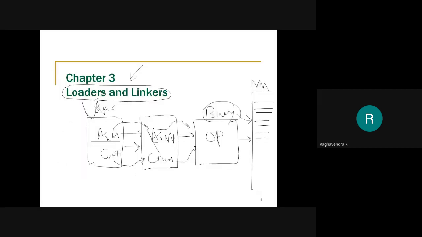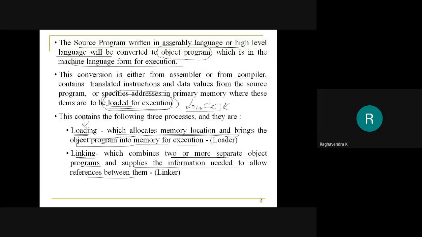Remember, when you write a program in a high level language, you would use library functions, or you might have written some other program that has to be linked with your program. The job of linking one program with another program, or with a library function or library program, is the job of linking.